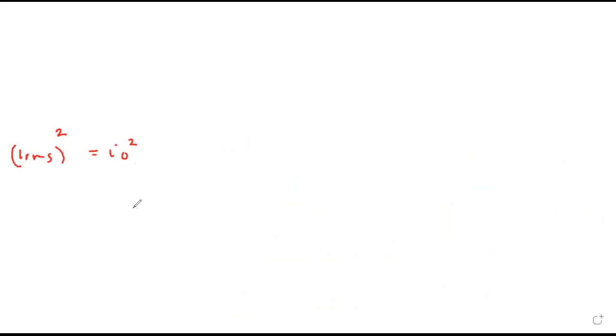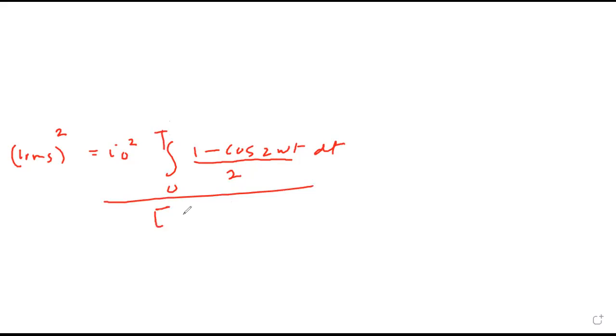So I naught square, I have squared, तो बाद में स्क्वायर रूट ले लूंगा. And integration of sine square means 1 minus cos 2 omega t upon 2 dt from 0 to T. Integration of dt is T from 0 to T.